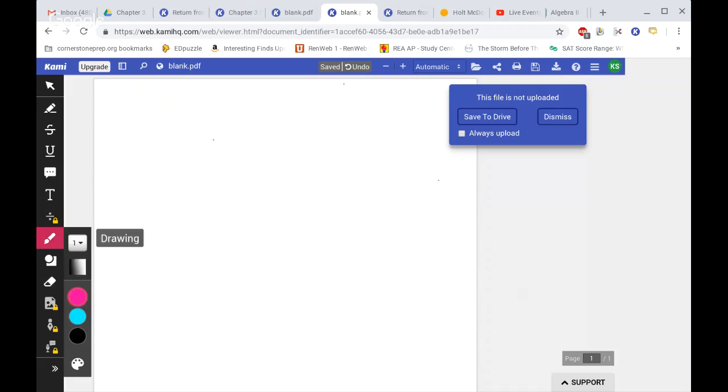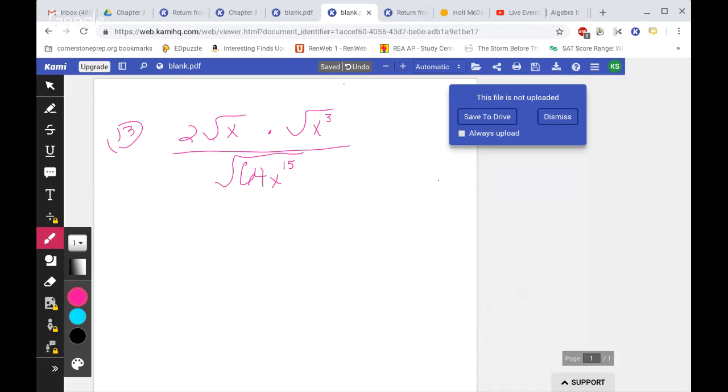So number 13. You have 2 square root of x times the square root of x to the 3rd, all over the square root of x to the 15. The first thing I would do is work my grouping at the top and combine as much as I could.